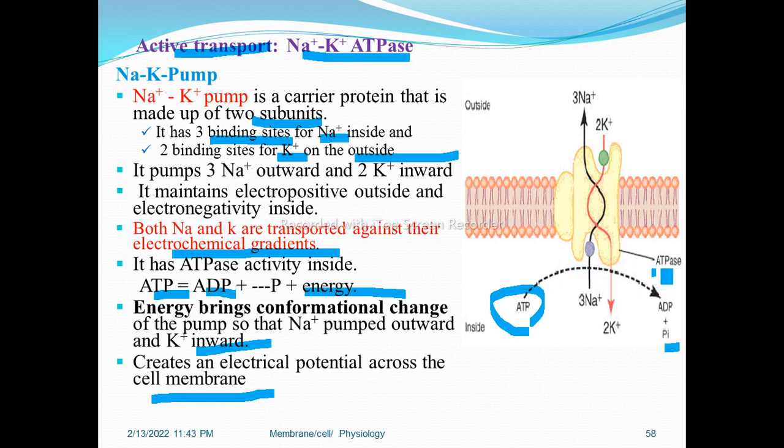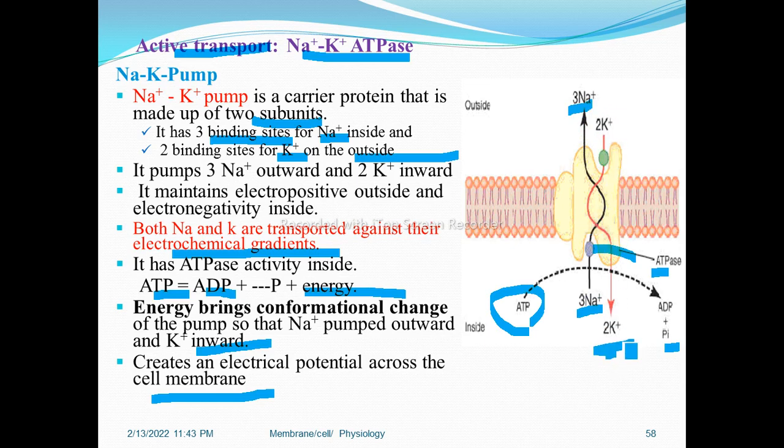This energy makes a conformational change of the pump, to pump sodium to the outside and potassium inside. So 3 sodium from inside the cell will pass to the outside, whereas potassium from outside will move into the cell.